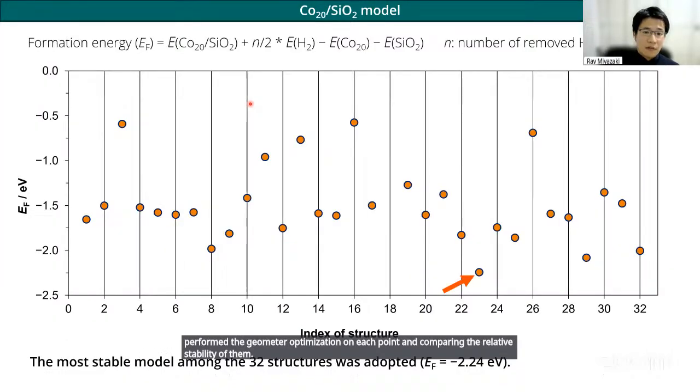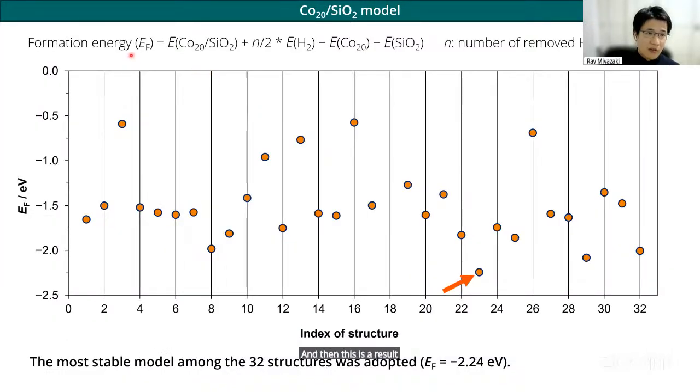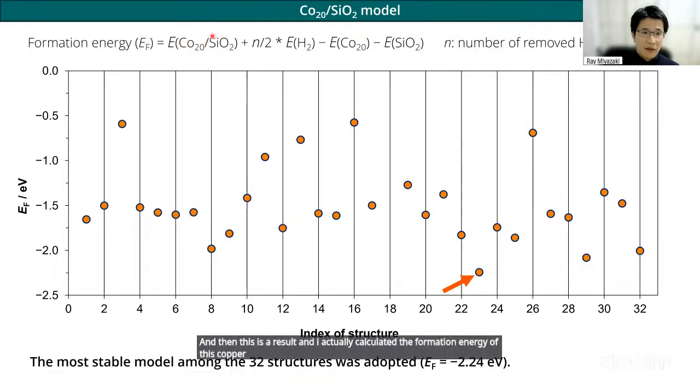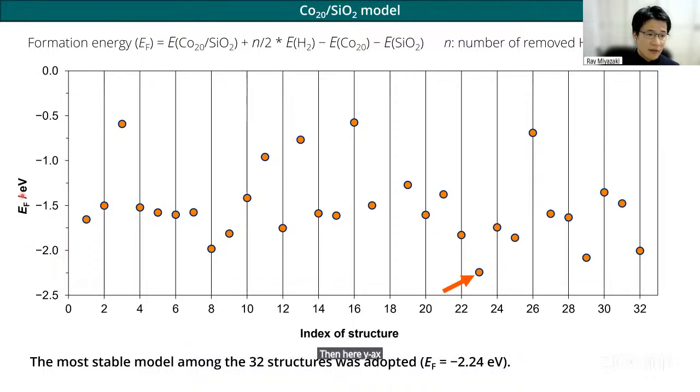And this is the result. I calculated the formation energy of this cobalt-20 with the silica slab. A negative energy in this equation means a stable structure. Here, the y-axis represents the formation energy, and the x-axis represents the index of the structure.